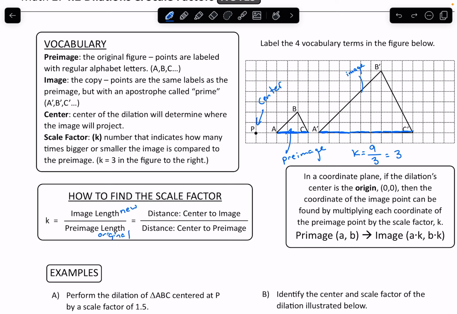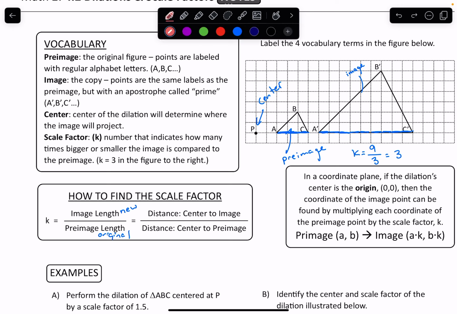All right. One thing I want you to note is, and this may go back to something you've maybe learned in the past. You don't have to draw this on your paper, but one thing I want you to notice is my center P over here. If I draw a line from P and connect it to my image B prime, notice that my line goes through B, which is kind of cool.